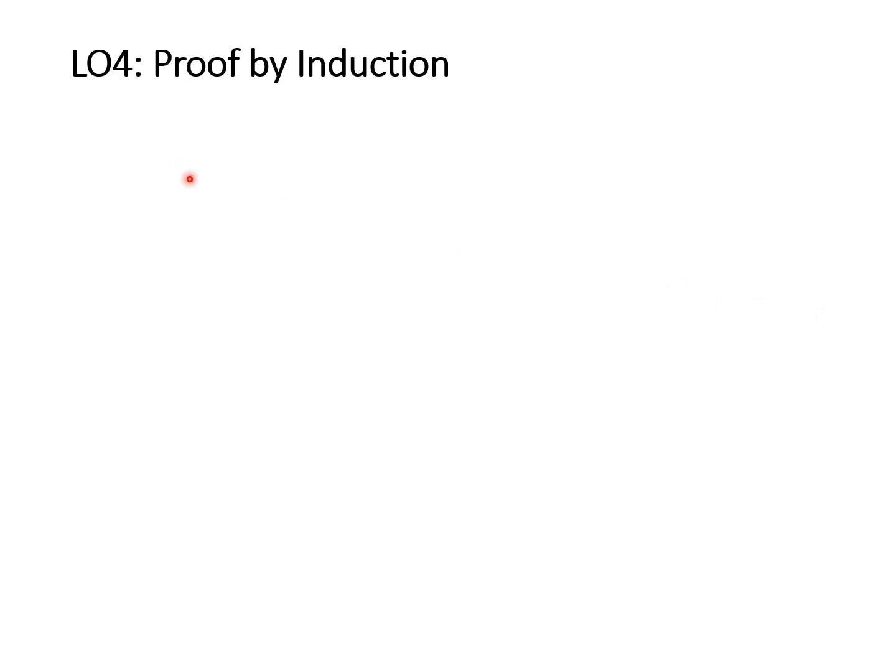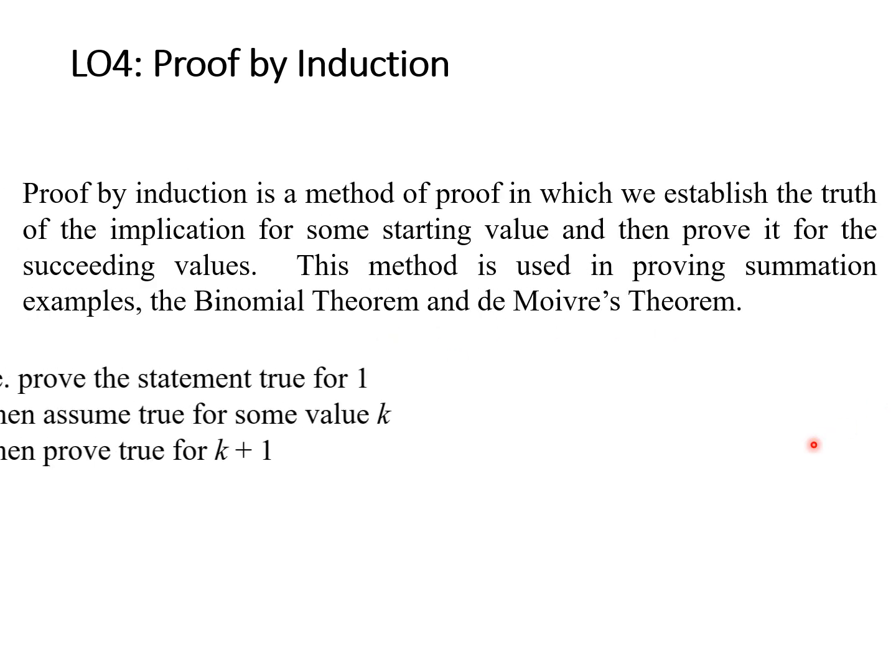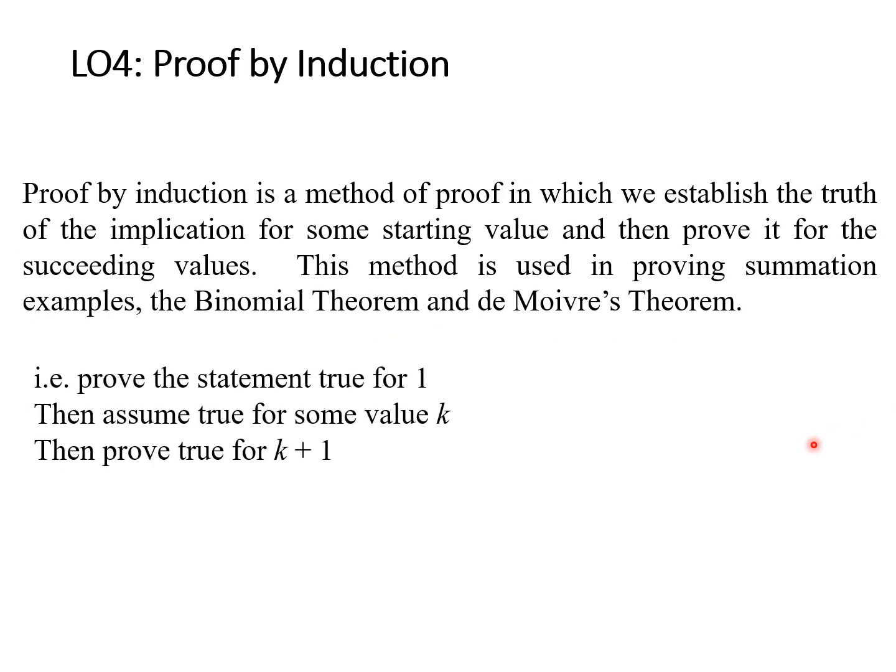So next, we will look at proof by induction. Proof by induction is a method where we prove the statement is true for 1, true for k, and then we prove it's true for k plus 1.